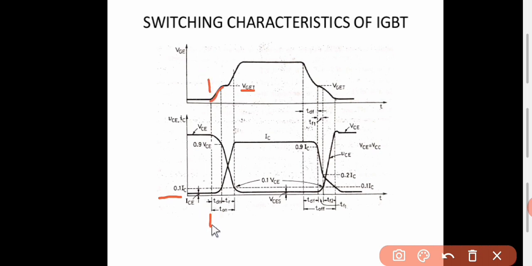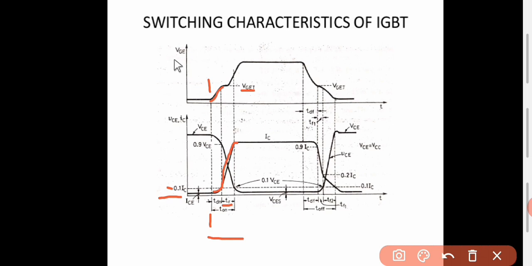The time required for the collector current to rise from the leakage current to 0.1 of its value is known as TDN, turn on delay time. And the collector current increases from 0.1 to 0.9, 0.1 to IC, its maximum value. This time is known as TR, rise time. So the total time required to turn on the device is T on, the summation of TDN plus TR.